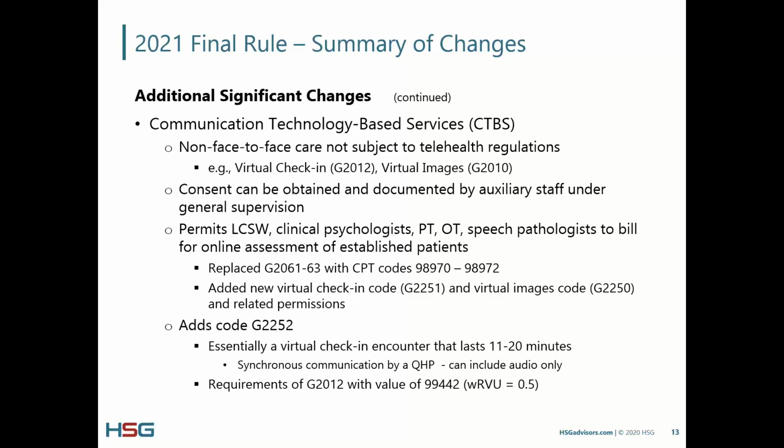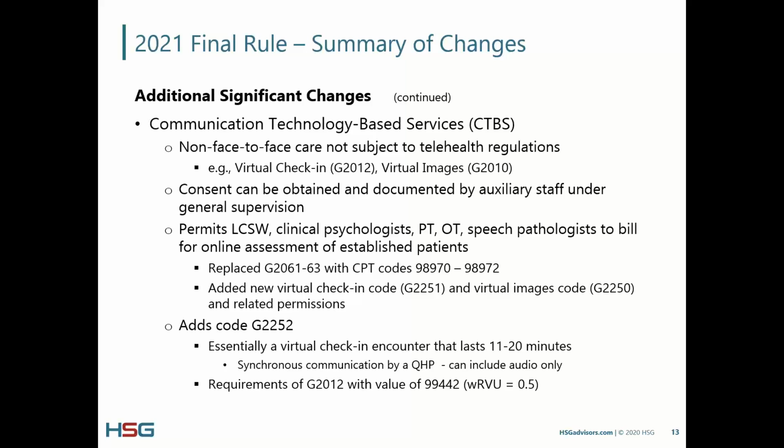CMS also is permitting licensed independent clinical social workers, clinical psychologists, physical therapists, occupational therapists, and speech pathologists to bill for online assessment of established patients. The distinction here is the others were targeted at credentialed, qualified health professionals like physicians, APRNs, and PAs.